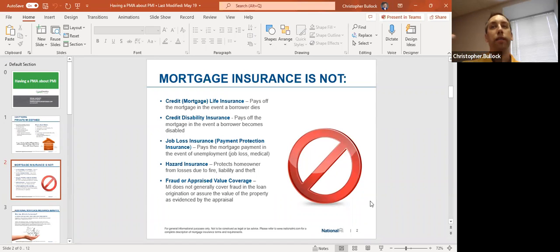It's purely because you couldn't come up with enough money for a 20% down payment up front, you're protecting the lender's interest in default. So really it's you paying to be able to get the house, not that you're protecting yourself long-term into the future.